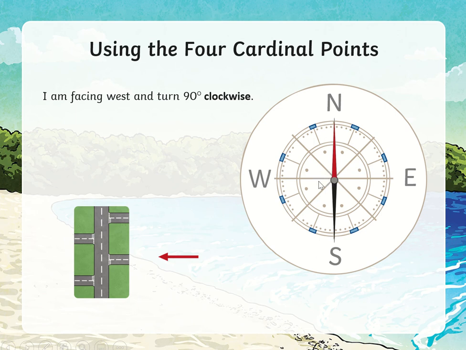So 90 degrees, let's have a look. You'll be facing north. So there's 90 degrees in between north and east, 90 degrees between east and south, and between south and west, and north and west.